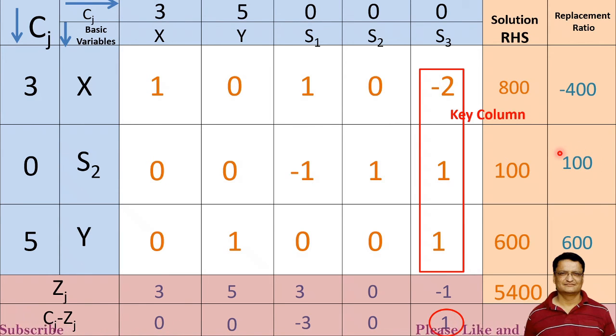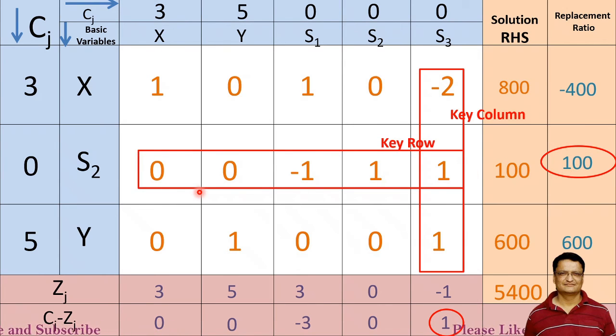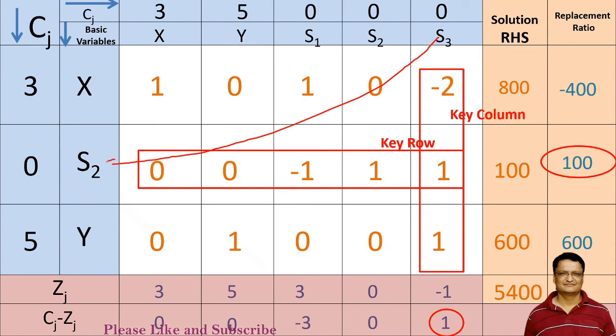So we have to consider as the departing variable the one which has the positive minimum value. Here 100 is having the positive minimum value. We will not consider this minus 400, and this will become my key row. What is the meaning? That s2 is the departing variable. So s3 will now replace this particular s2, right?